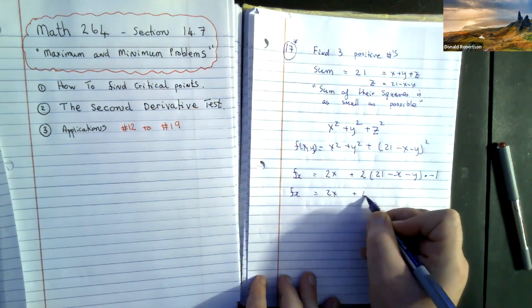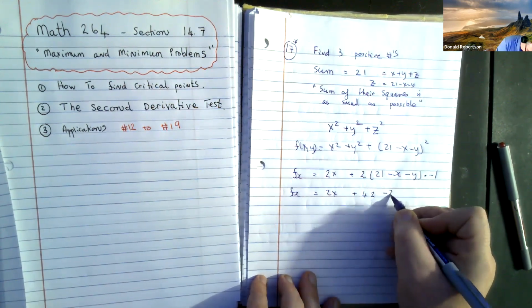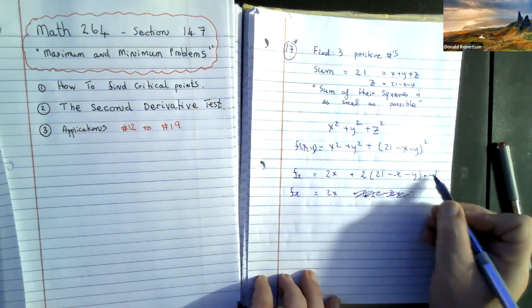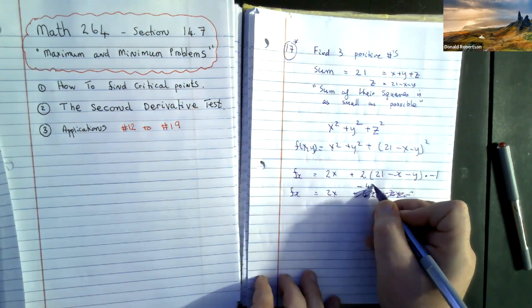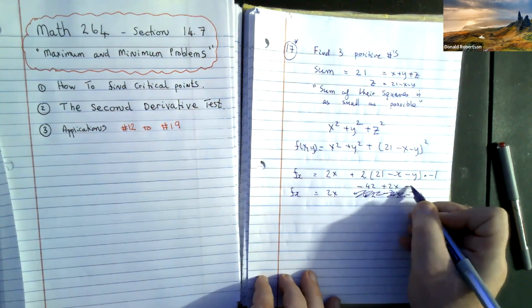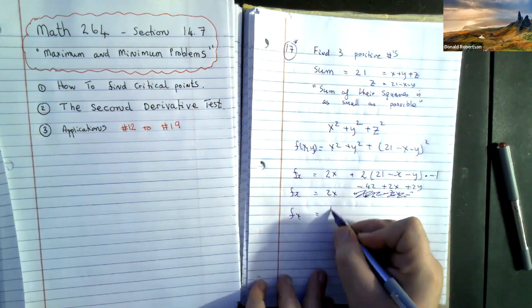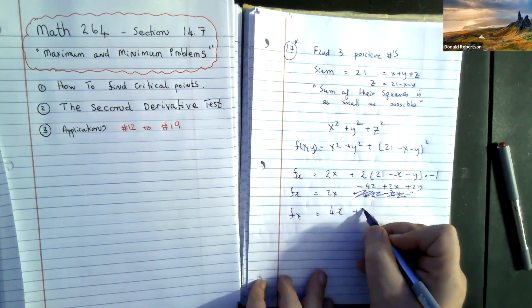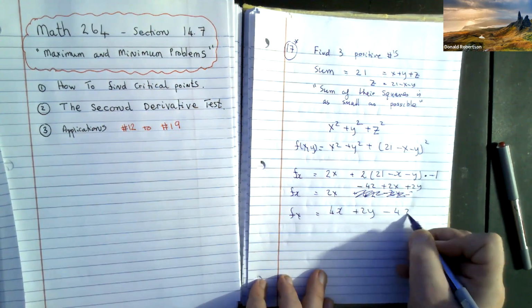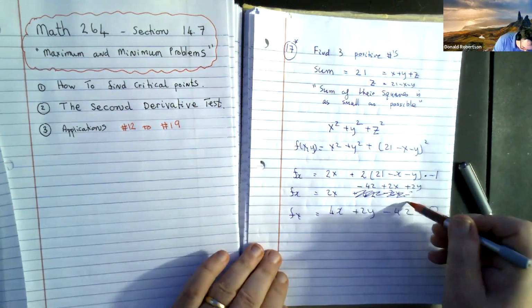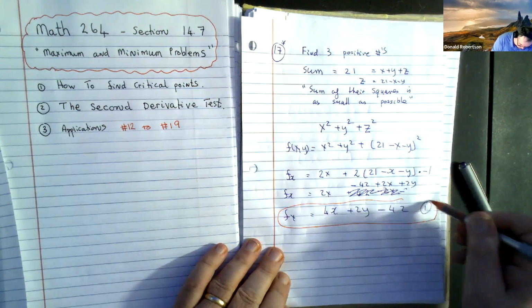So I'm going to be 42 take away 2x, minus times that, so it's negative 42 plus 2x plus 2y. So we are going to be looking at 4x add 2y minus 42, and that's our first equation. Got a little bubble around it to remind myself where it is.